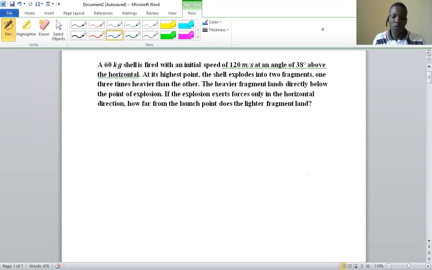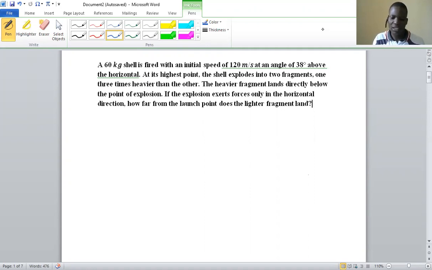For now, we can solve the question that is on the screen. A 60 kg shell is fired with an initial speed of 120 meters per second at an angle of 38 degrees above the horizontal.